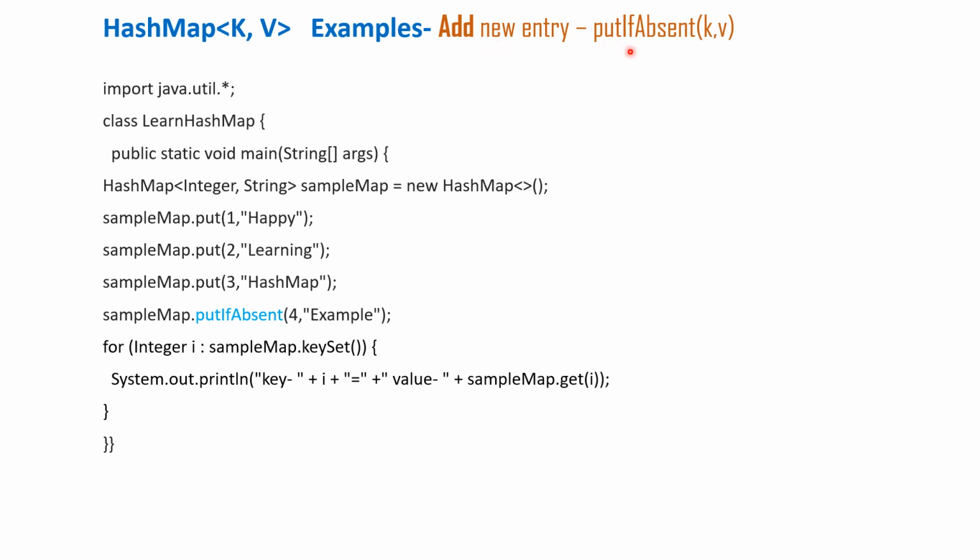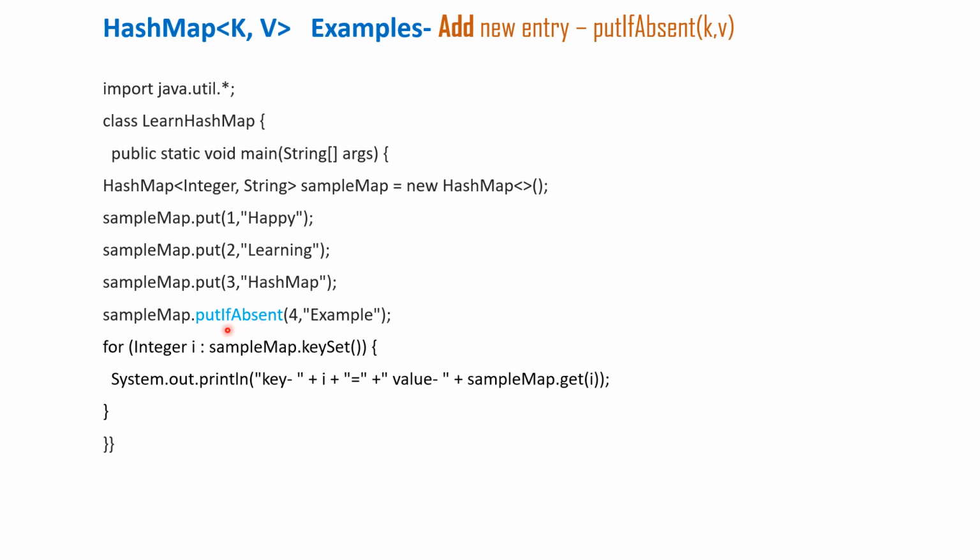So it provides one method, put if absent of k comma v, which is nothing but a key value pair. Let us see what this method does and how we make a new entry into the map. The same example, we are creating the hash map object. We have the three entries in it. Put if absent, it is normal English, we can understand it in the normal way also, right?